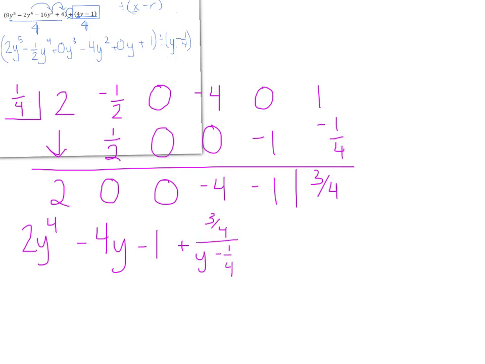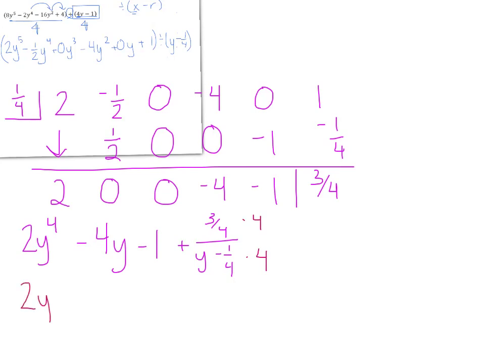Notice here this remainder portion we have fractions in, and we know that we never leave fractions in fractions. So to remedy this, we could multiply top and bottom by 4. We chose 4 here because the denominator of 3/4 is 4 and the denominator of 1/4 is 4.